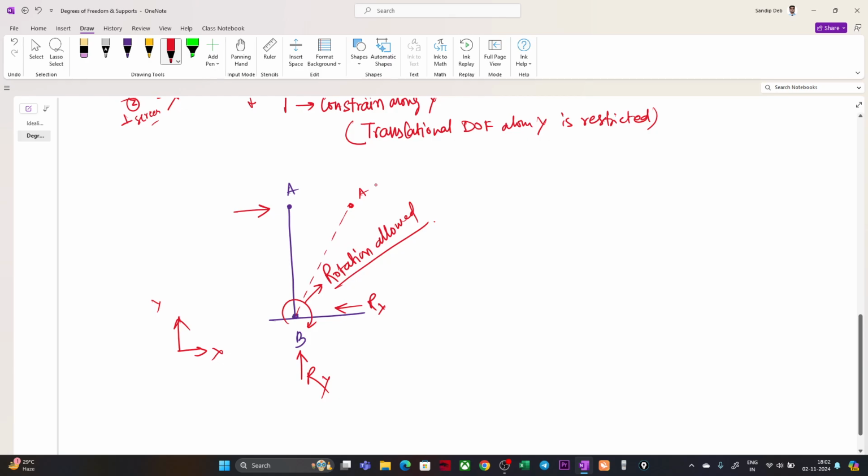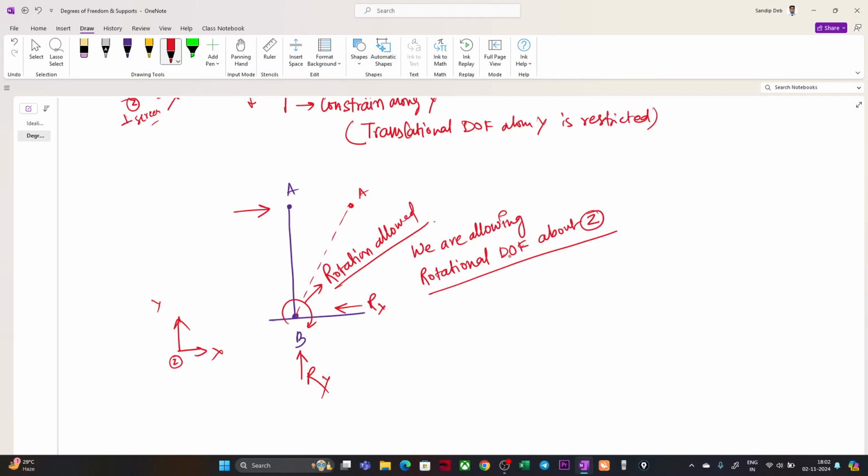So in this case, we are allowing rotational degree of freedom about our perpendicular axis, which is the z axis. So what is the degree of freedom of this particular joint B? It is only one, right?